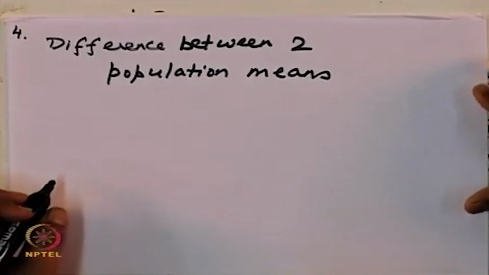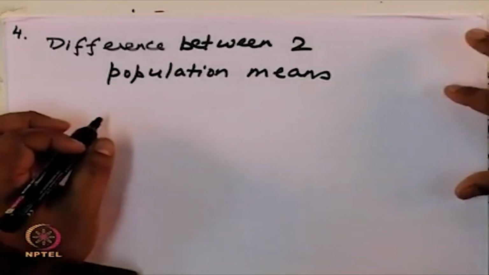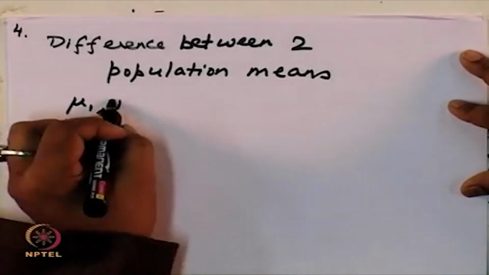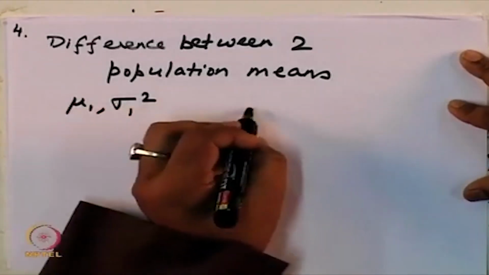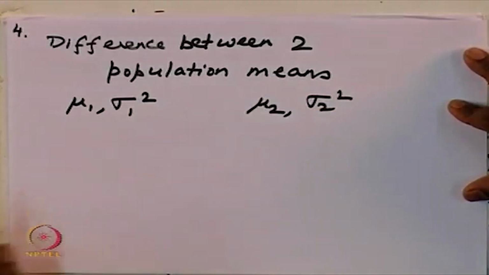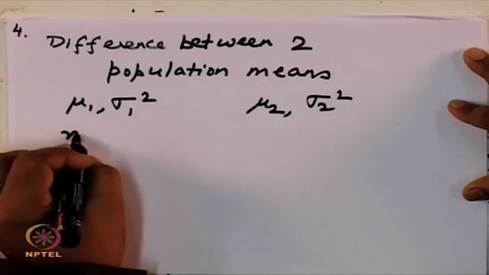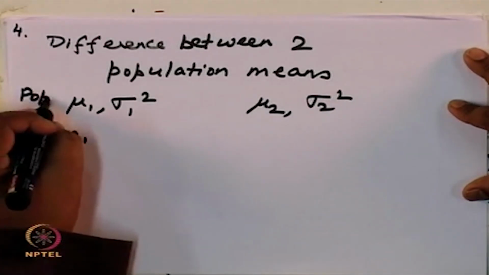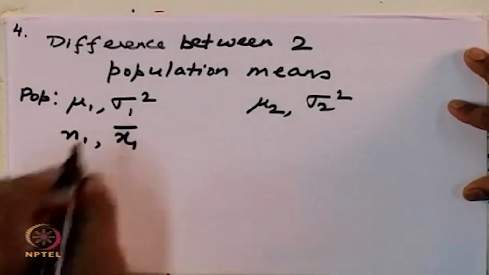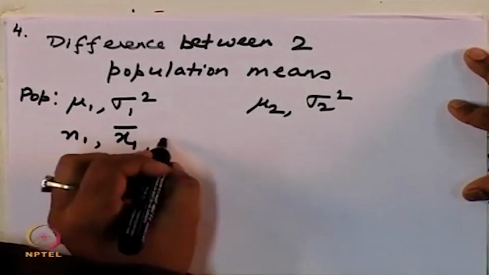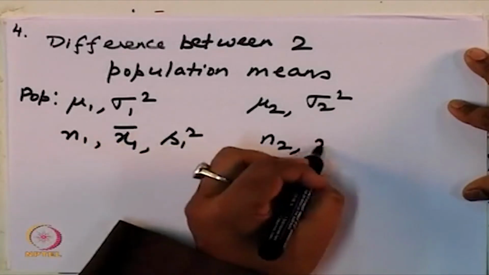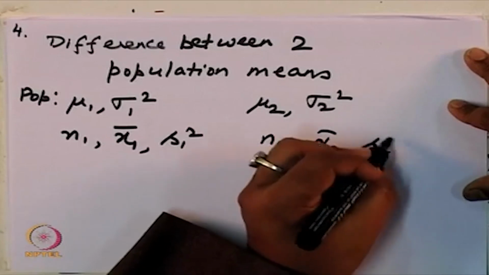If you have two populations, one with mean mu1 and variance sigma 1 square, and another with mean mu 2 and variance sigma 2 square, and you draw a sample of size n1, you get a mean of x1 bar and a variance of s1 square; similarly n2, x2 bar, s2 square.